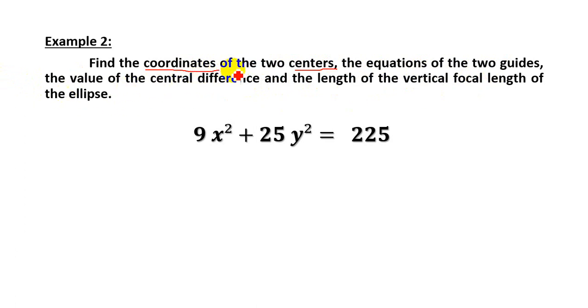So we find the coordinates of the two foci, the equations of the two directrices, the eccentricity, and the length of the vertical focal chord. Here we have 9x squared plus 25y squared equals that. Let's take from that and try to get the solution.